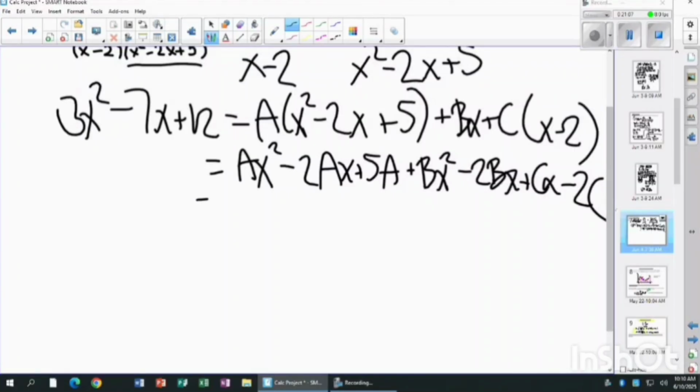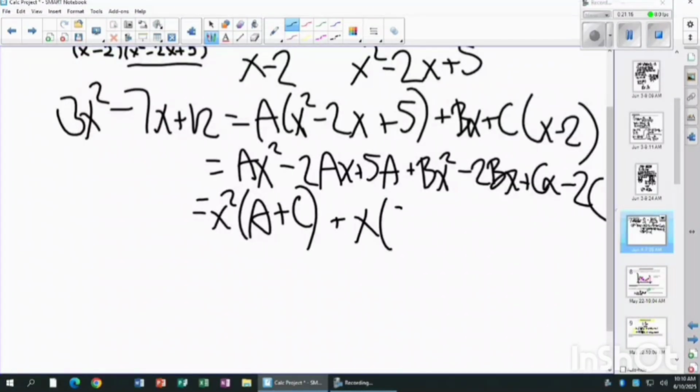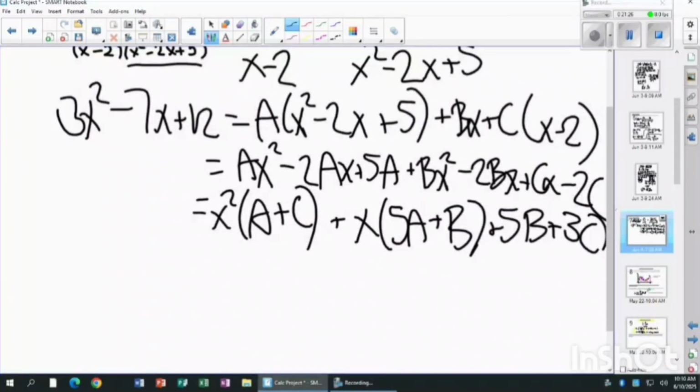And now we can group these into x squared times a plus c, plus x times 5a plus b, plus 5b plus 3c. Put that in parentheses. Okay, and now I have to equate the like terms.